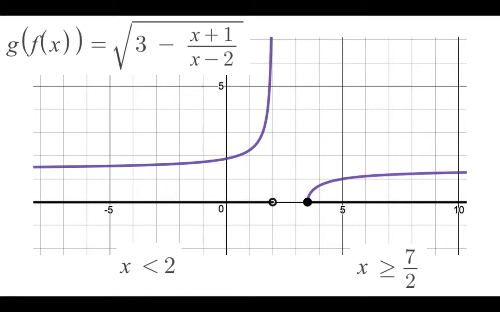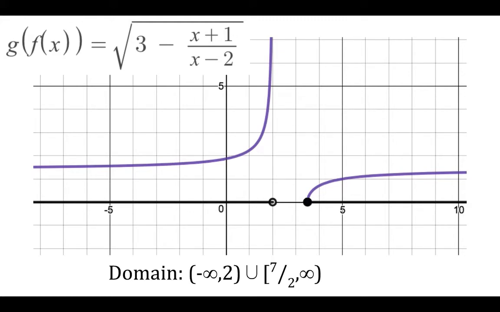If we try to push our x values, our input values, a little less than 7/2, our outputs would have to shift into the imaginary realm, so they wouldn't show up on this graph. You could think of it as pushing into a third dimension, but they don't show up on this graph. Right. So another way to write this domain is negative infinity to 2, union, 7/2 inclusive to infinity.